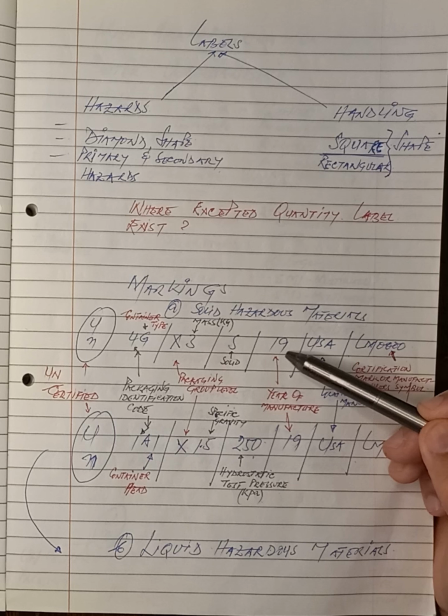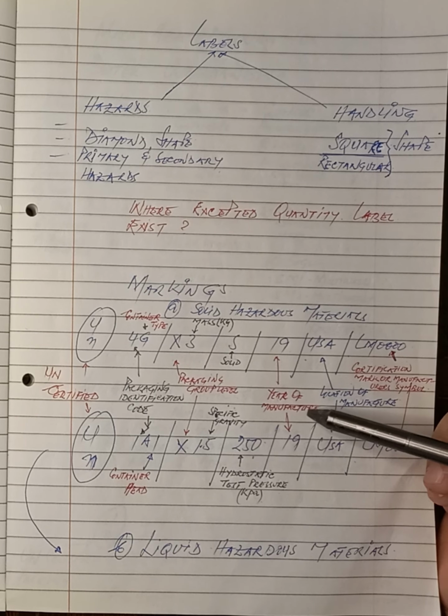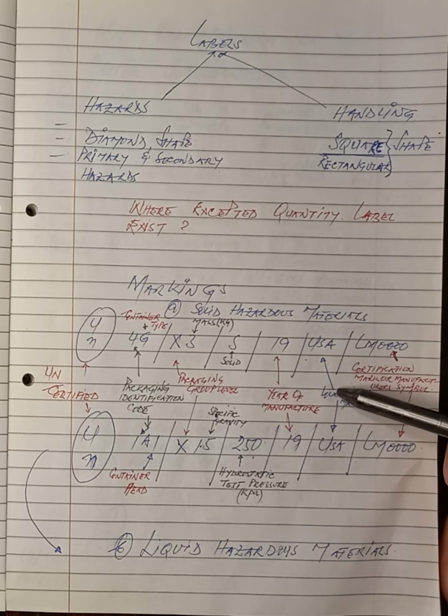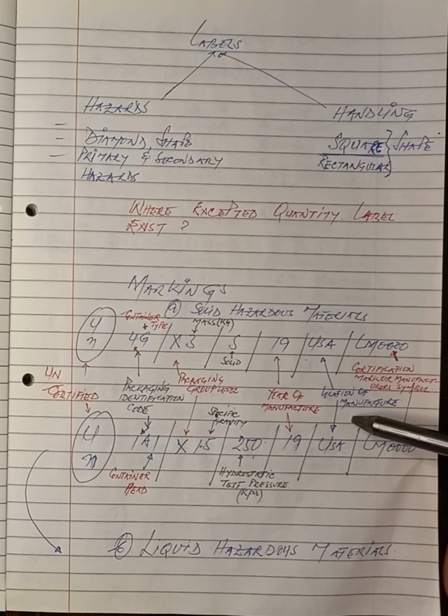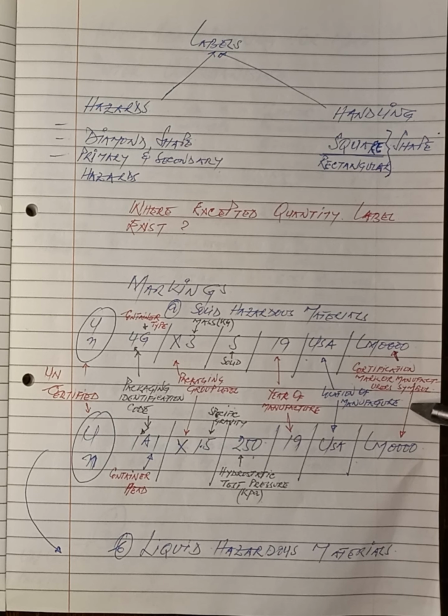These two digits represent the year of manufacture, and as you can see, the location of manufacture, where it's been manufactured, and the last indicates the certification mark or manufacturer's symbol.